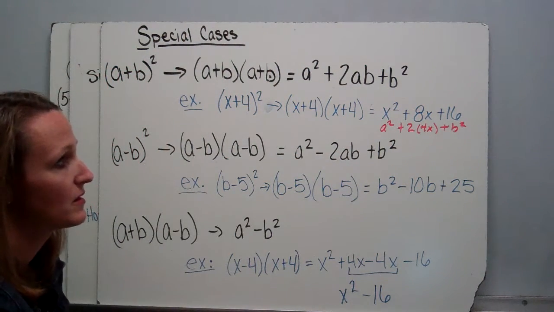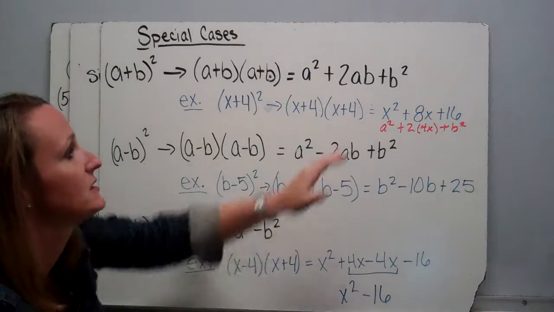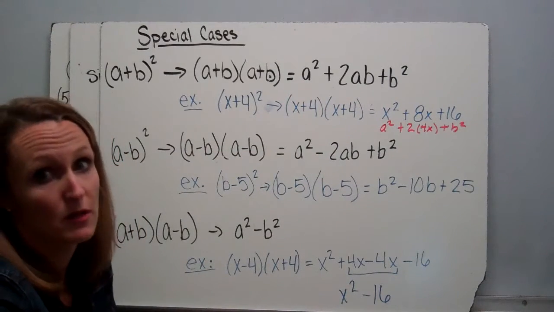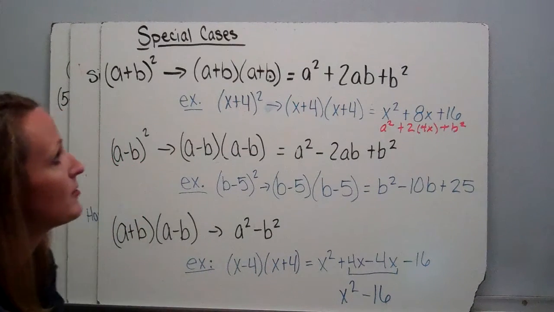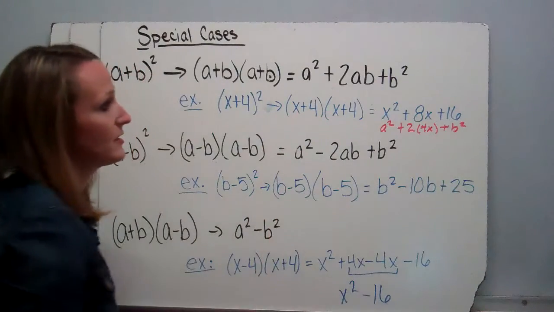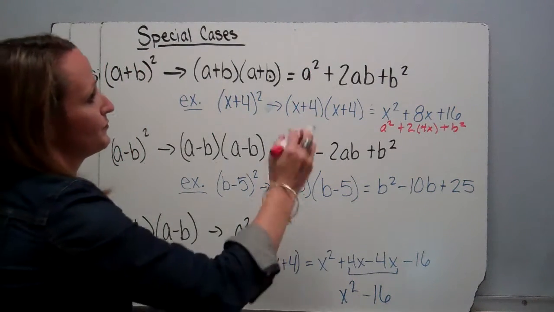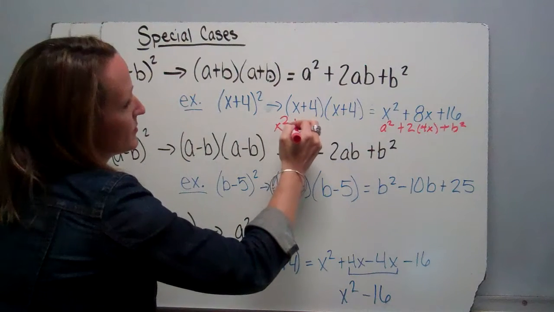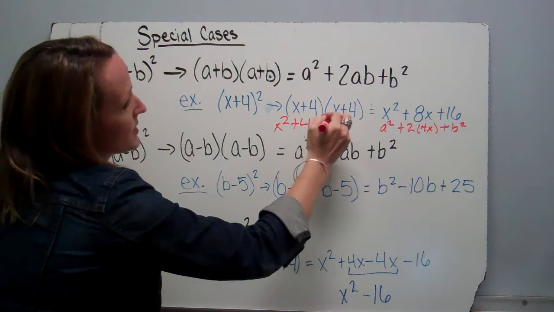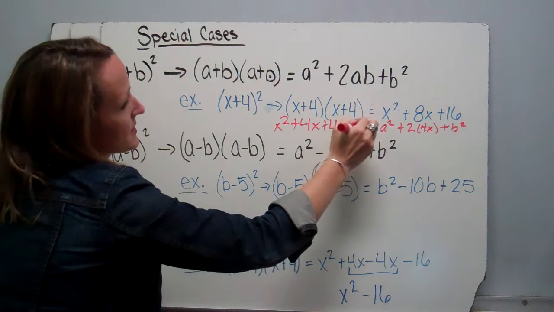Came out right there. So you can actually eliminate having to do FOIL there, or just go back and FOIL it. It would work out the same way. If I did my first, outer, inner, last, I would have gotten x squared plus 4x plus 4x plus 16.